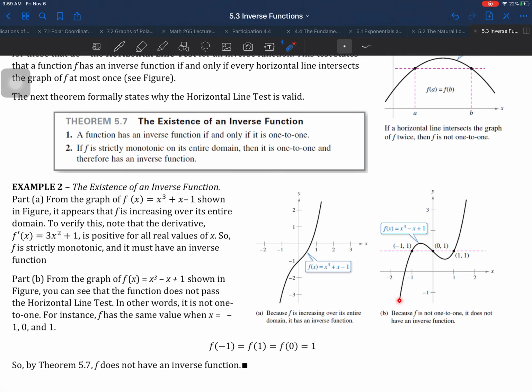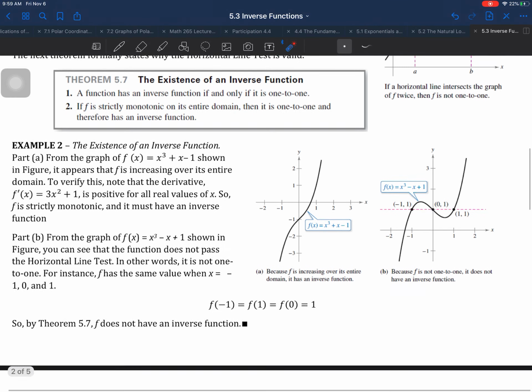For example, this one is increasing. Remember that we read it from left to right. This is increasing, so it's still fine. But then at some point, we change direction from increasing to decreasing. This is no longer monotonic, right? So this is not going to be monotonic.